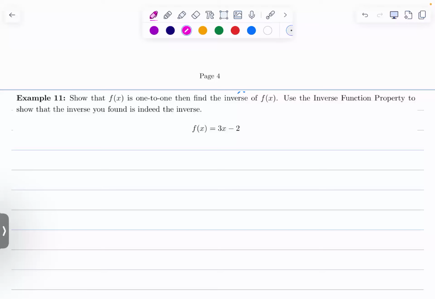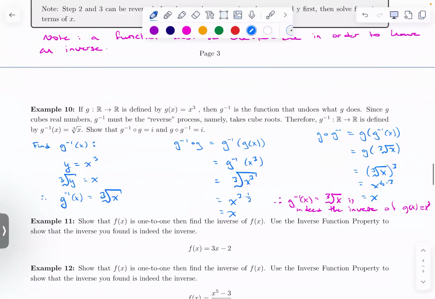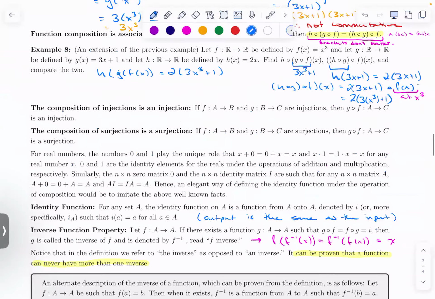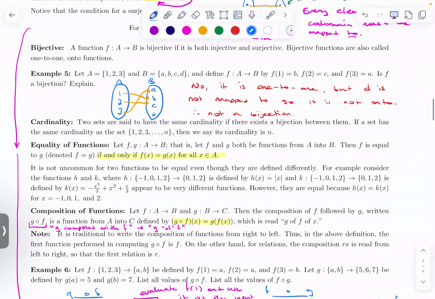What we haven't introduced yet is how to show f of x is 1-to-1. I'm going to scroll back up to the definition of 1-to-1 so we can have a closer look at it. Where is it?